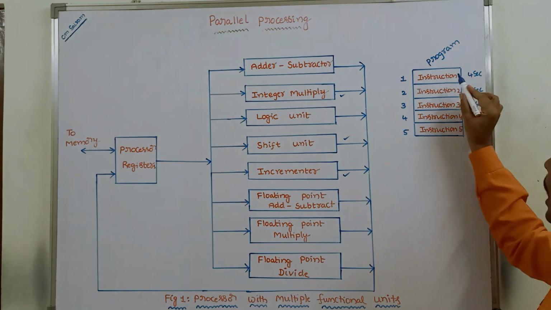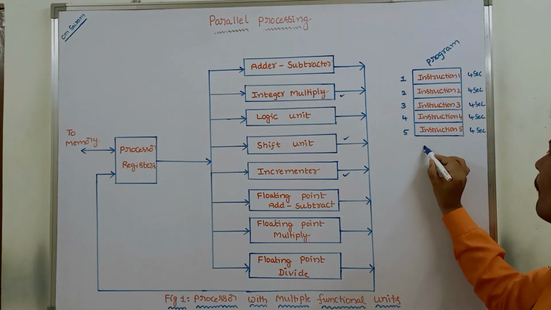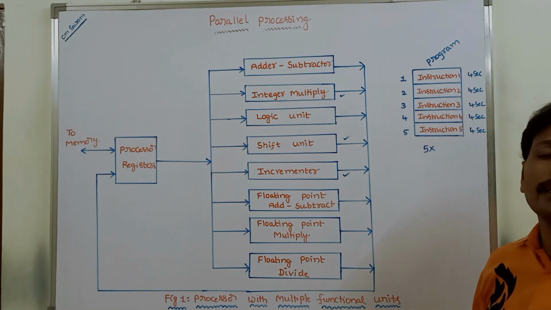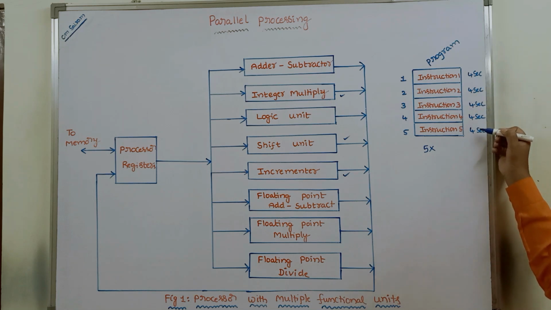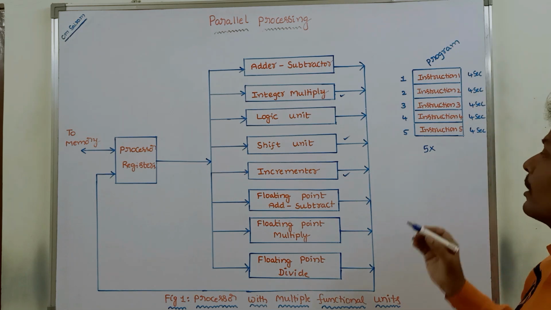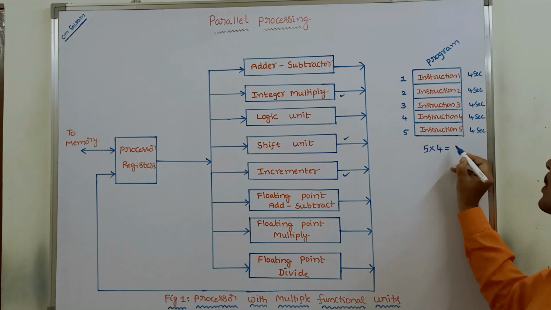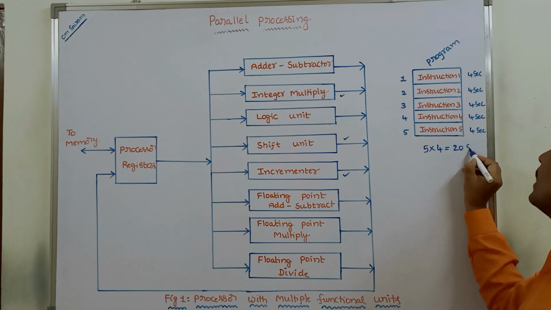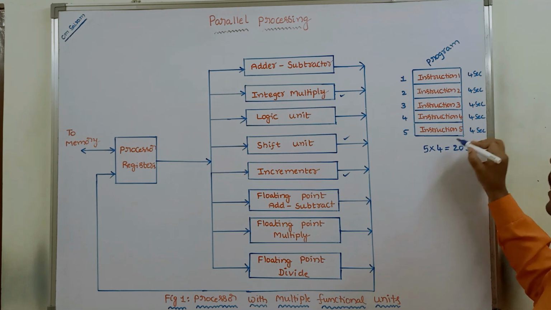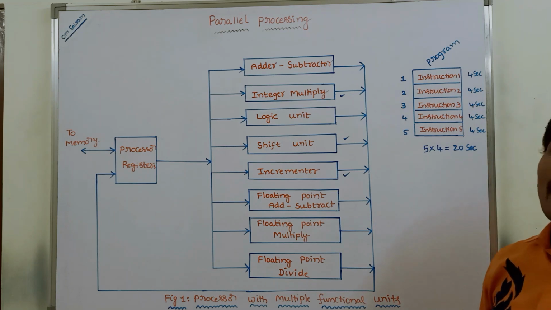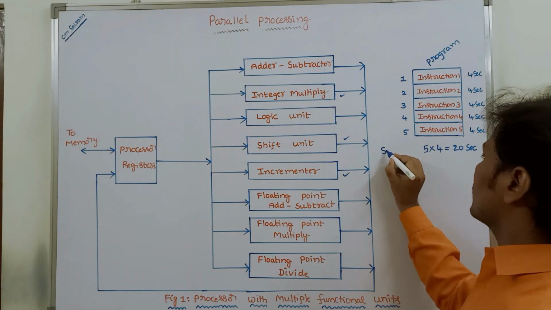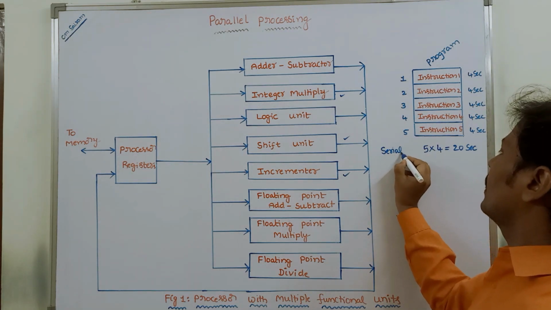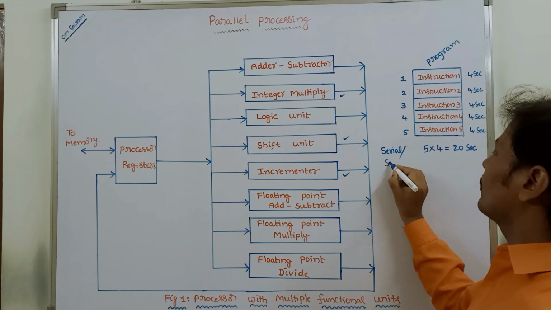Here, how many instructions? 5 instructions are there. For each and every instruction, how much time is required? That is 4 seconds. So a total of 20 seconds is required to execute 5 instructions by using serial or sequential processing.